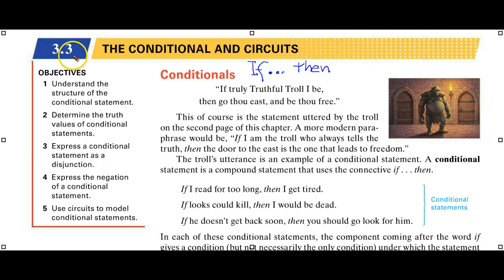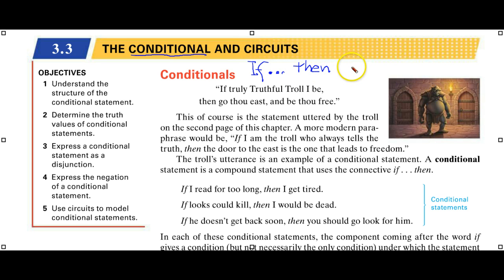In topic 3, we're going on to what is called the conditional statement. Some of you may be familiar with this, but basically it centers around the word if something, then something.